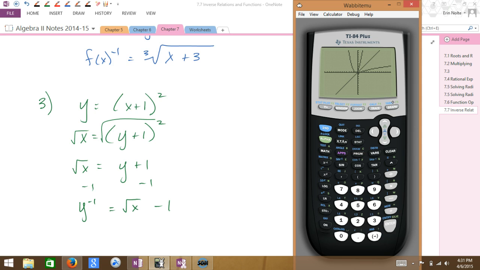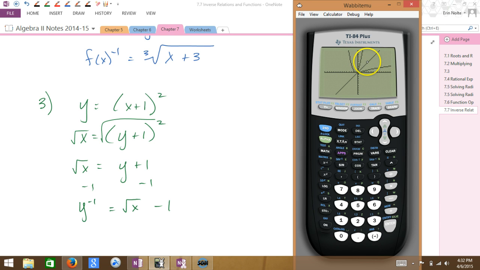Now wait a second. Why didn't it graph the bottom half of my parabola? Okay, why would it do that? The answer is that if I was going to graph the bottom half of this function, would it actually be a function? The definition of a function is, does it pass the vertical line test? If I drag my pencil vertically through that function, would it ever cross at more than one place?